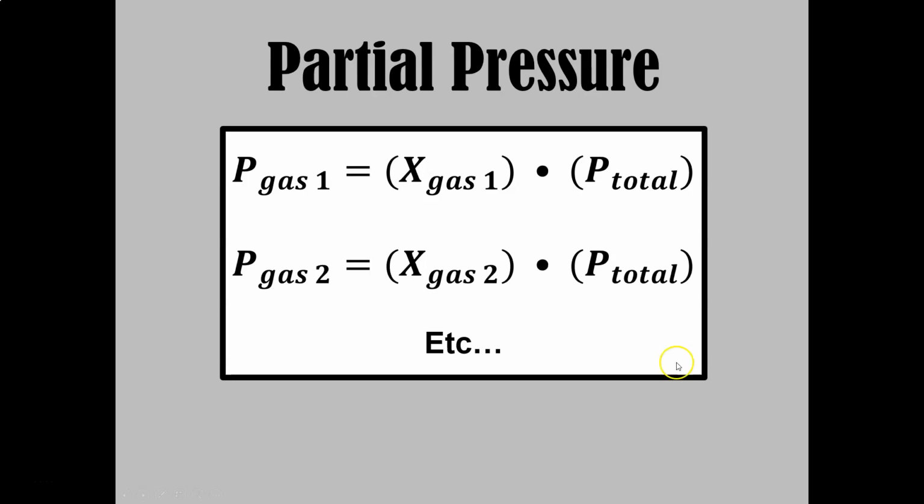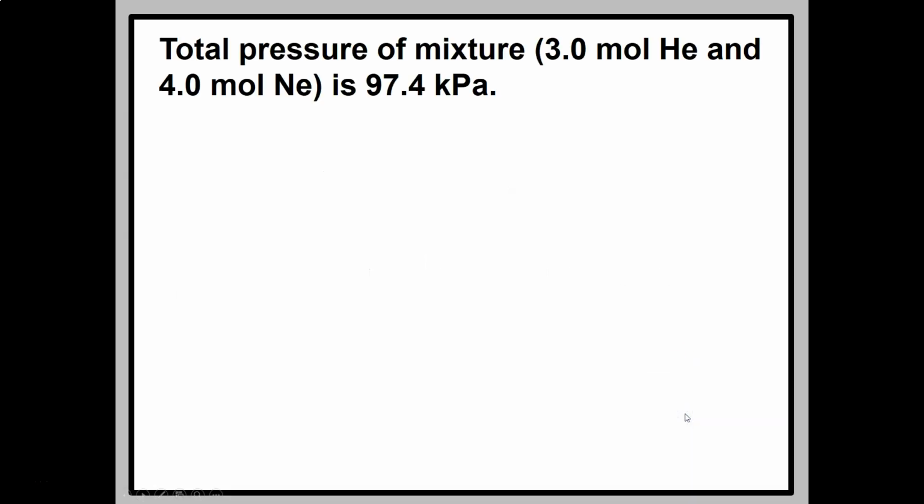So let's try a problem. The total pressure of a mixture is 97.4 kilopascals. Find the partial pressure of each gas. So look at my little cartoon picture here.